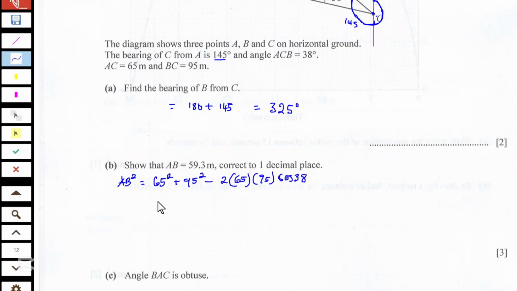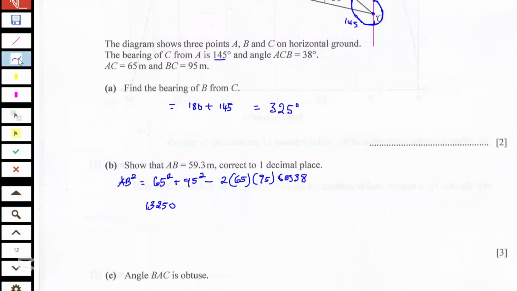So 65 squared, 65 times 65 gives us 4,225. No, we have to, 65 square plus 95 square is going to give us 13,250.